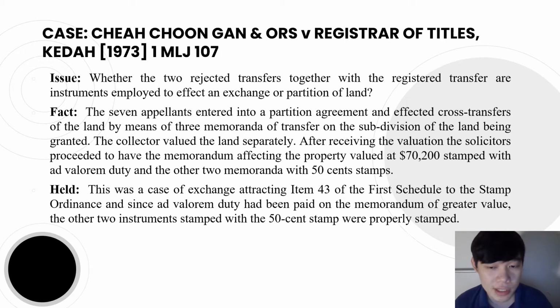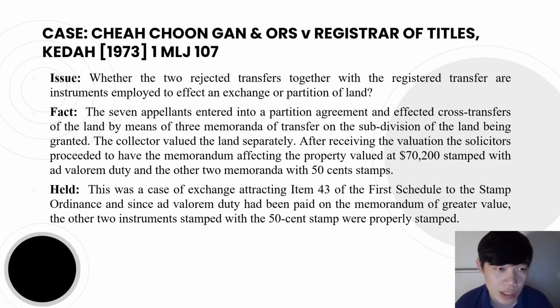The fact of this case is the 7 appellants entered into a partition agreement and effected cross-transfers of the land by means of 3 memoranda of transfer on the subdivision of the land being granted. The collector valued the land described in the 3 memoranda of transfer separately.